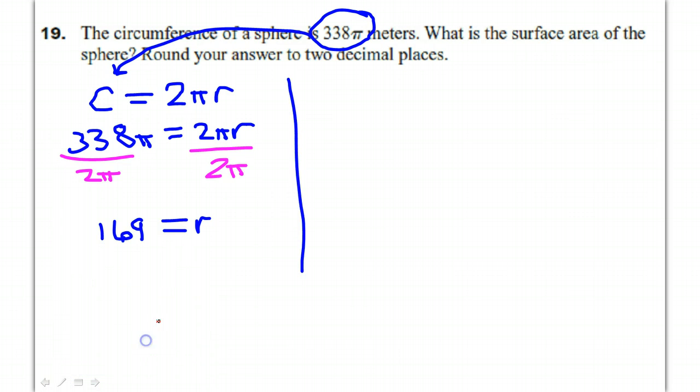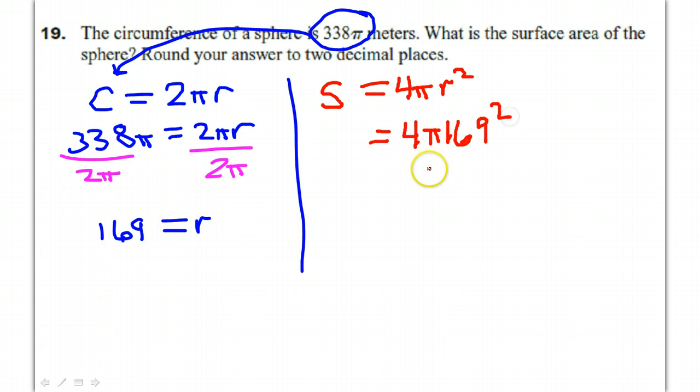And then what do we do? Then I did 4 pi 169 squared. Okay. On surface area, the surface area is 4 pi times radius squared. So I hear you saying 4 pi 169 squared. Okay.